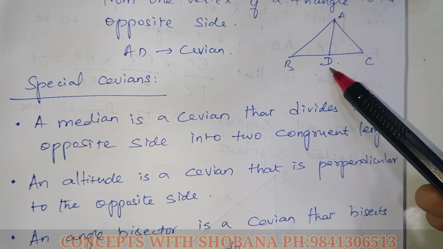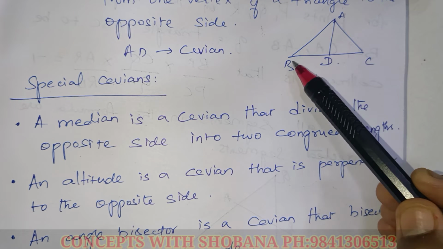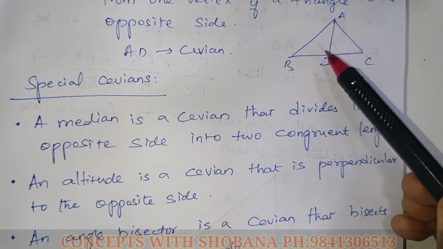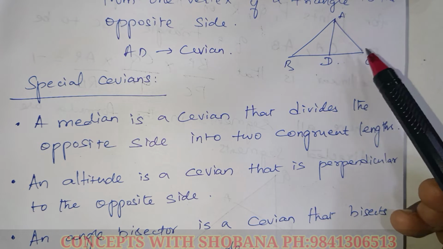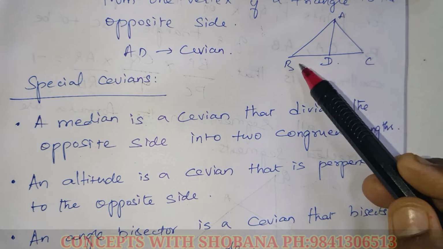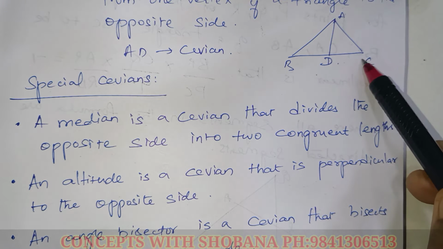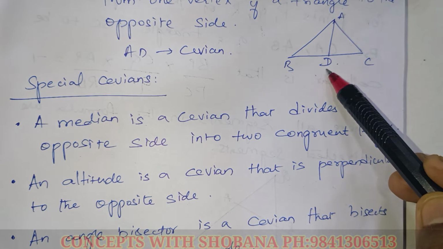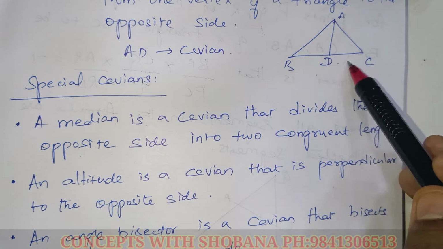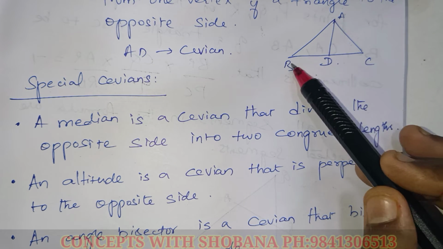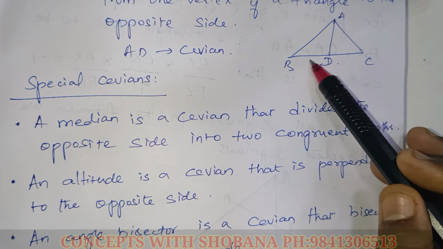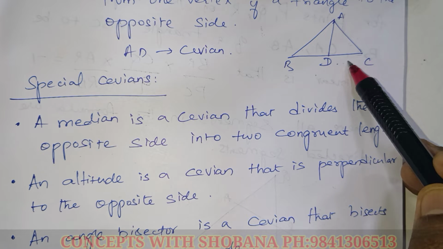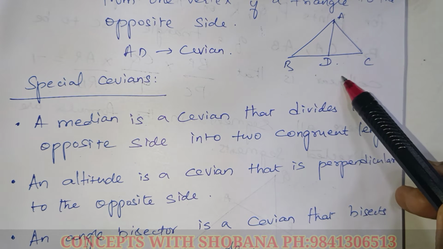So what does the median do? It divides the base into two congruent lengths. What is the meaning of congruent lengths? We can say equal lengths. So BD is equal to DC if AD is a median. So the median divides the side into two equal halves. Okay, this is a special cevian.